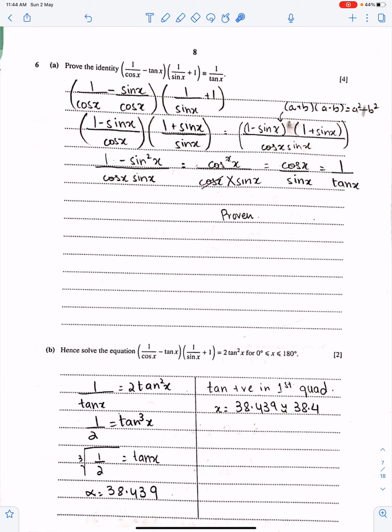Question number 6. We need to prove this identity. This is so simple. First, simplify this bracket. So this tan will become sine upon cos. After taking the LCM, we have this. Here we have 1 plus sine x upon sine x. By multiplying these two expressions, we have this.